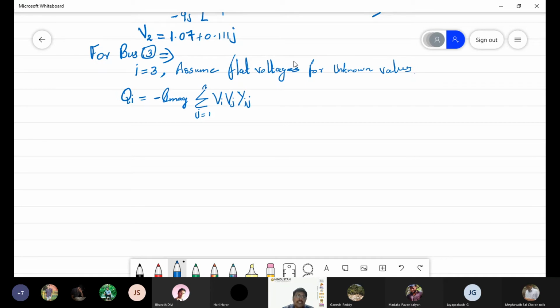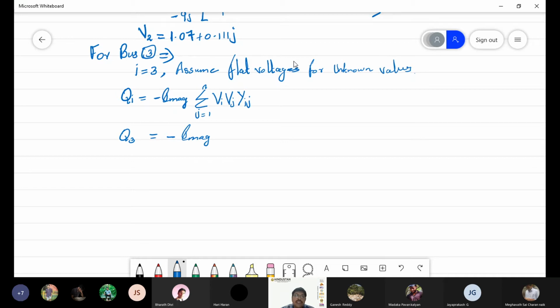So here we are going to substitute, and since here i is equal to 3 and j varies from 1 to 3, we need Q3 is equal to minus imaginary of, since Y becomes minus imaginary, we are taking it as the reactive power.